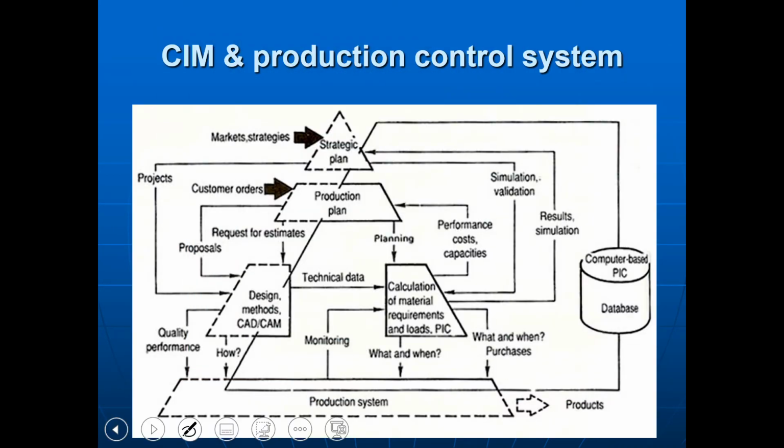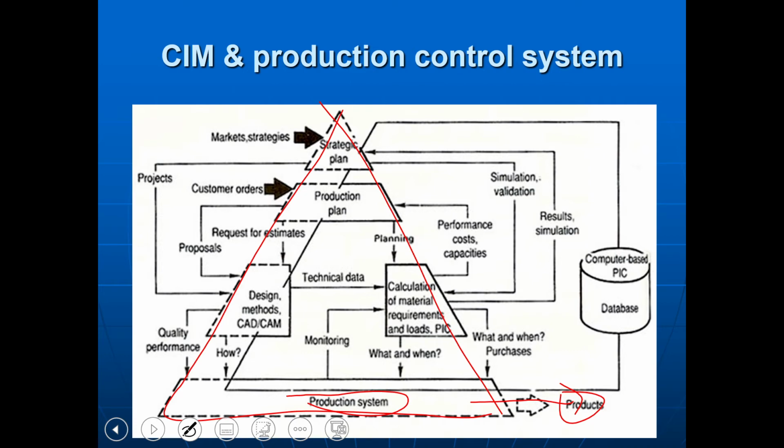CIM and production control system. So this is a pyramid chart for the CIM and production control system. If you can see here, from the production system, they have a product here.